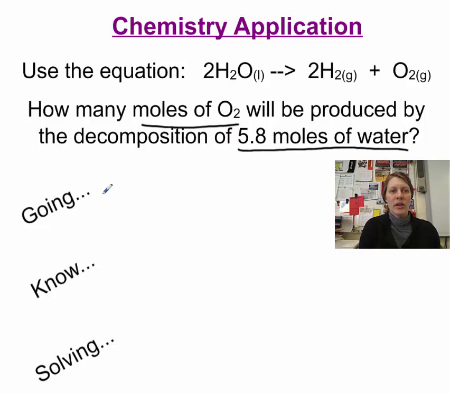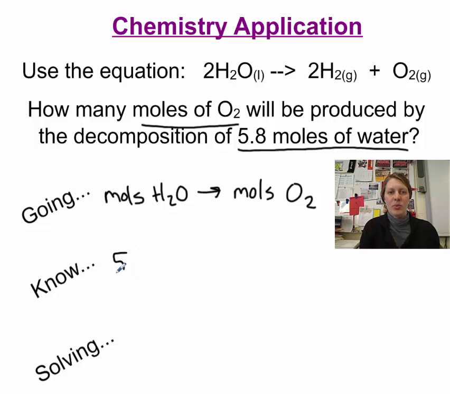So I'm going to be going from moles of water to moles of oxygen. And what I know before I even start is that I have 5.8 moles of water. So I'm going to take that down here and start my solving equation with that.